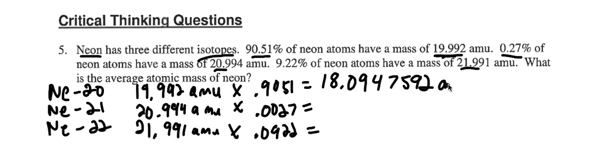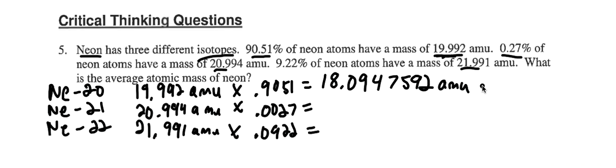These would also be AMUs. What we're doing here is figuring out how much each isotope contributes to the final mass that we see on the periodic table. And what we're going to do is add all those up in the end.